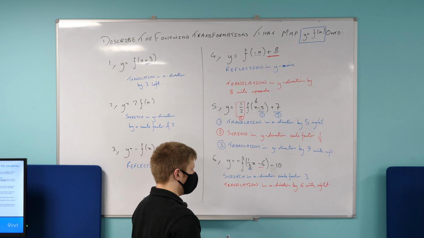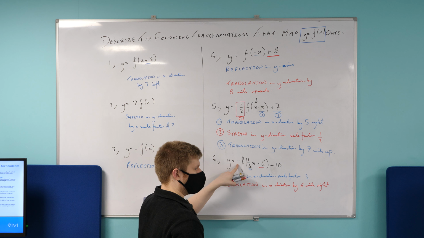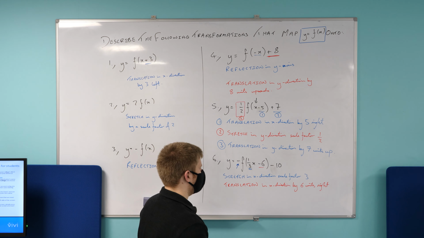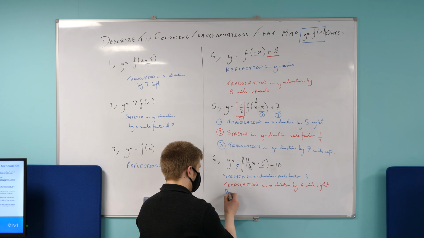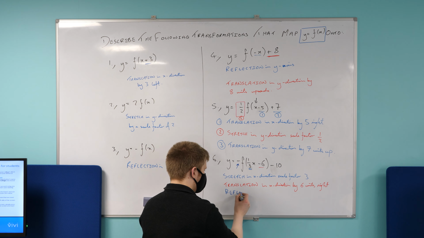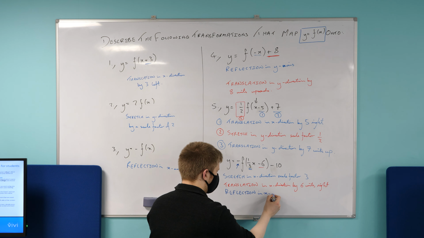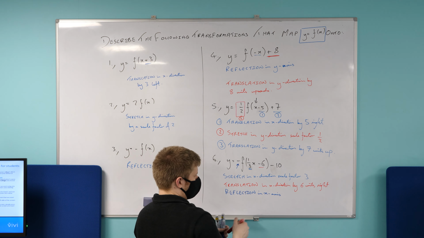Divide by -10 in y. What about the negative there? Reflection. Yeah, that's it. Which axis? In x. Good, well done. And then you have the translation.